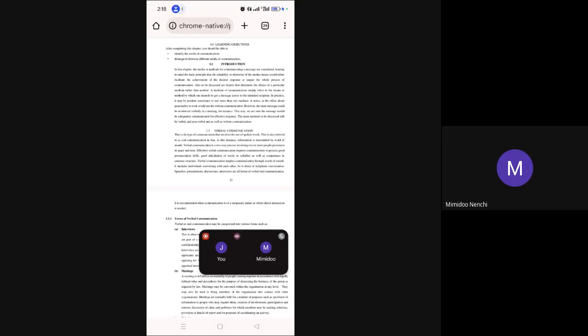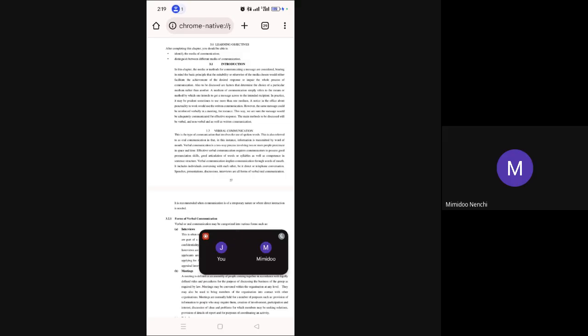Verbal communication implies communication through words of mouth. It includes individuals conversing with each other, be it direct or telephone communication, like what we are having right now. Speeches, presentations, discussions, interviews are all forms of verbal or oral communication.